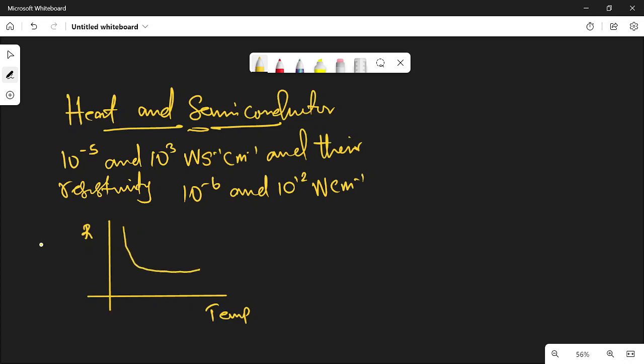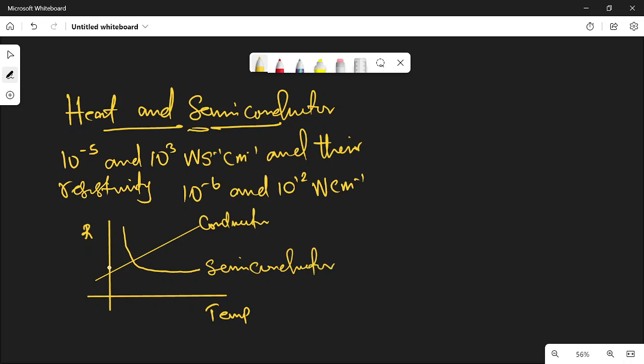And if it is a conductor, you are going to have a straight line graph like this. Am I making sense now? So this is for conductor, and this is for semiconductor.